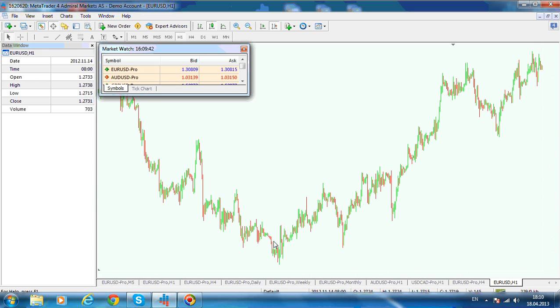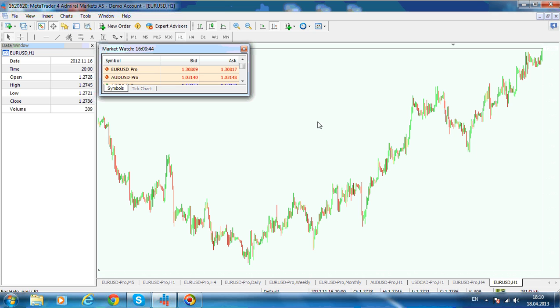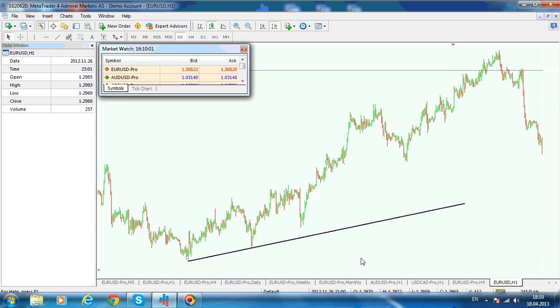For example, these lows in here. So your trend line, for example, for these lows in here would be something like this, okay? So it connects a previous low with a previous higher low, then higher than the one on the left, and this is the line of your trend.